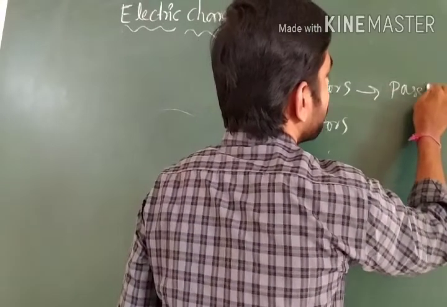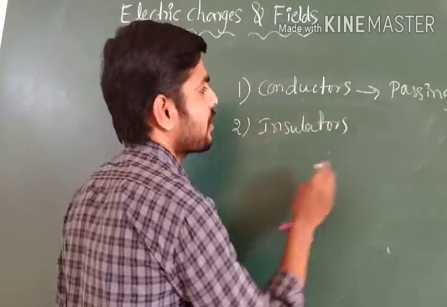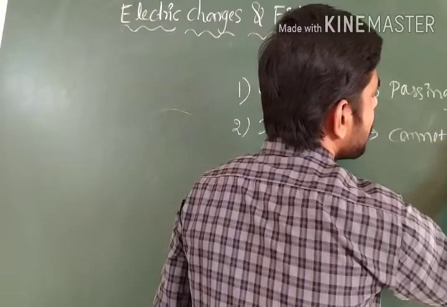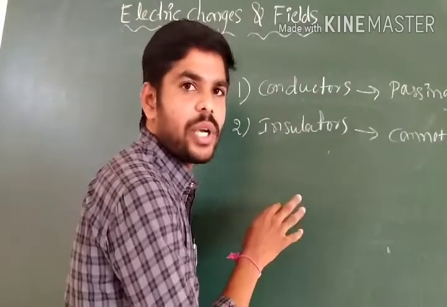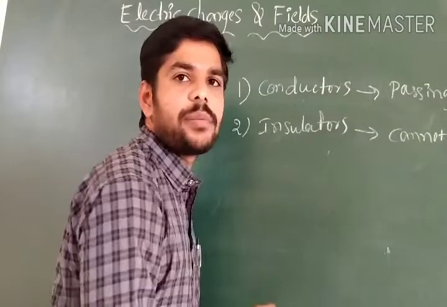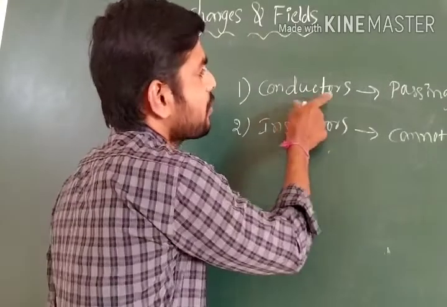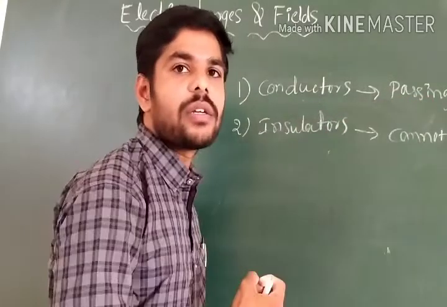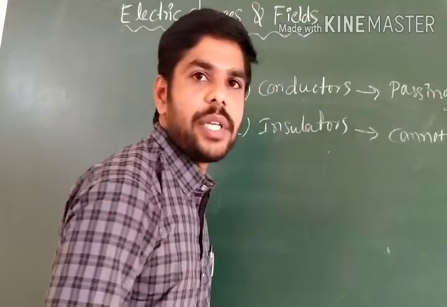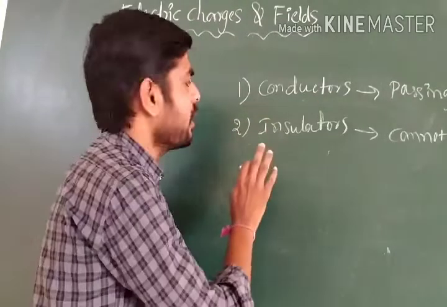Passing electrons into the material is what makes it a conductor. A substance that cannot allow electrons into it we call an insulator. Conductors allow electrons into the material; insulators do not. These are the basic definitions of conductors and insulators.